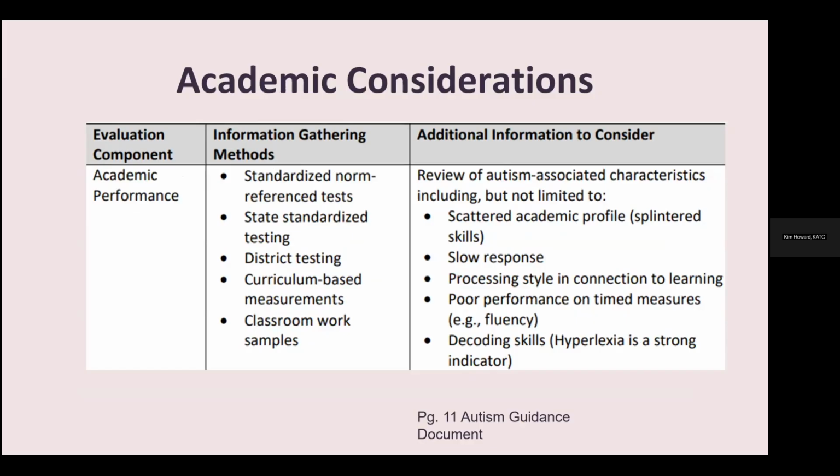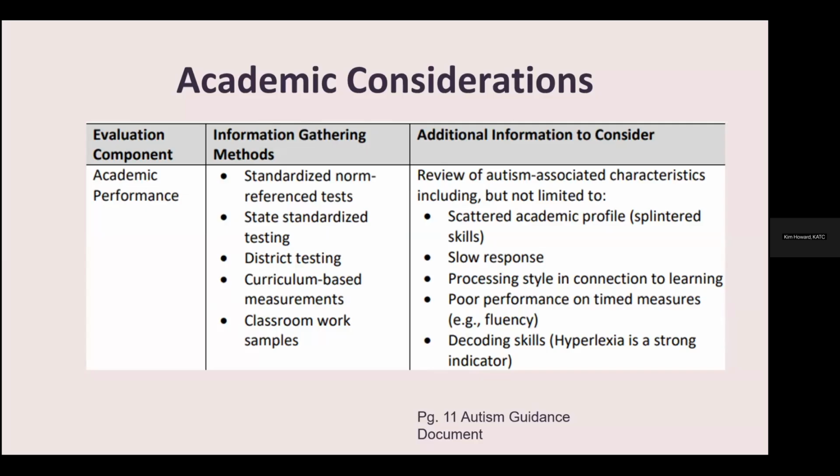So, academic considerations. For that initial evaluation for autism, I think you definitely should consider academic performance. Autism is one of those disabilities that can have splinter skills. I have supported students in the past that were on grade level or above grade level in many areas, but there were one or two specific academic areas that they were much weaker in, significantly behind.